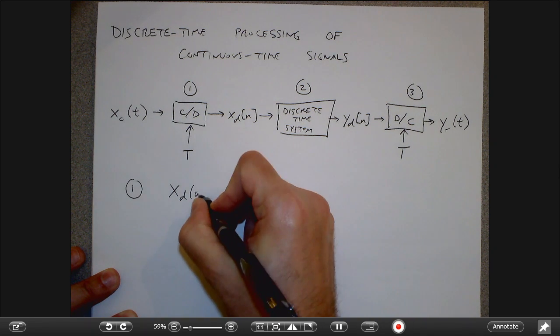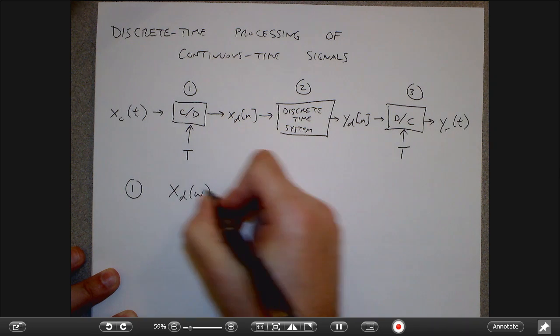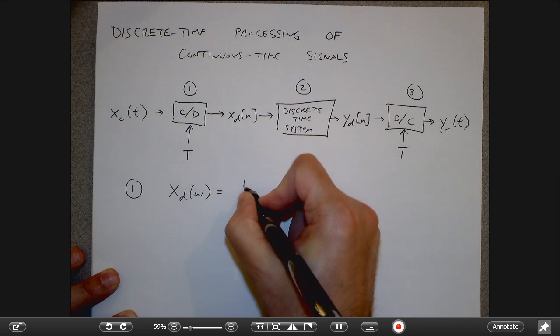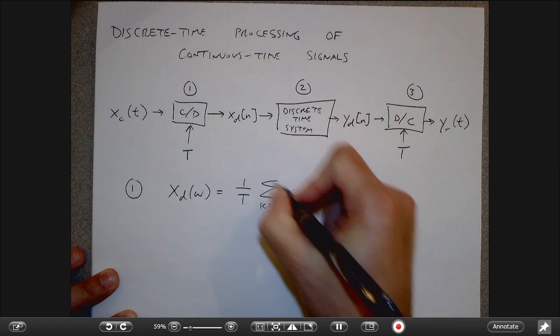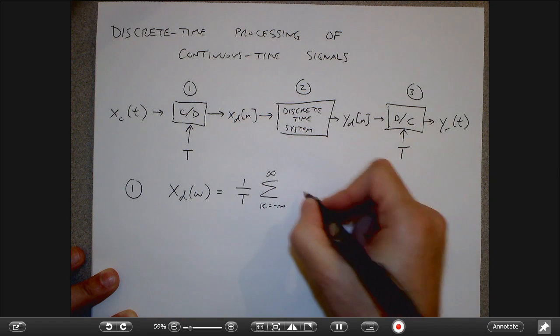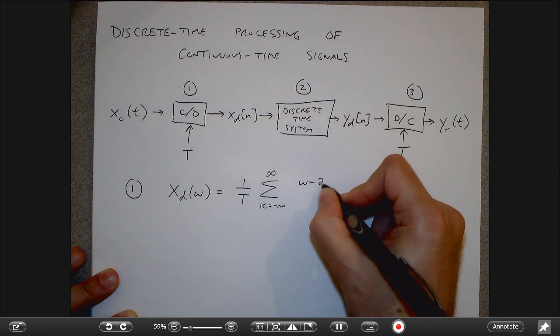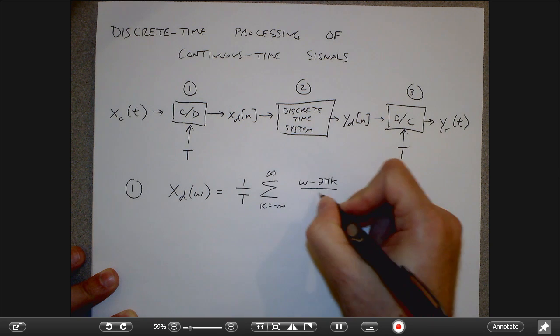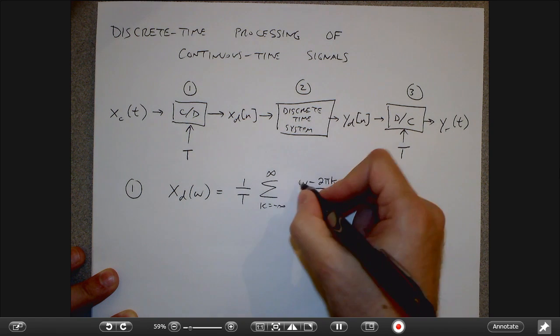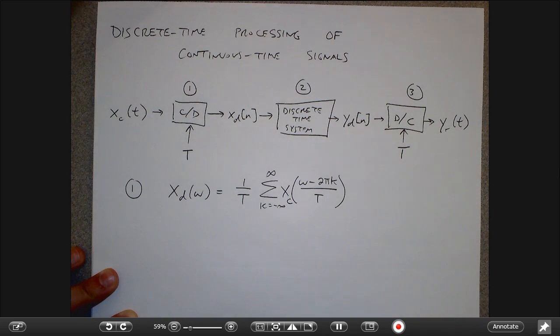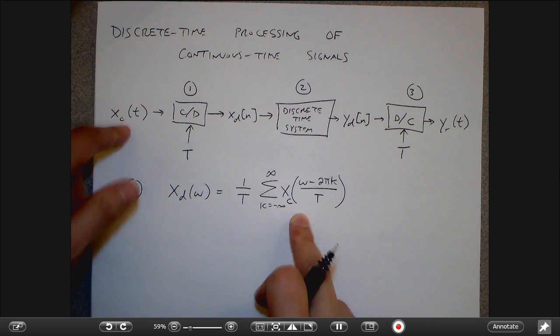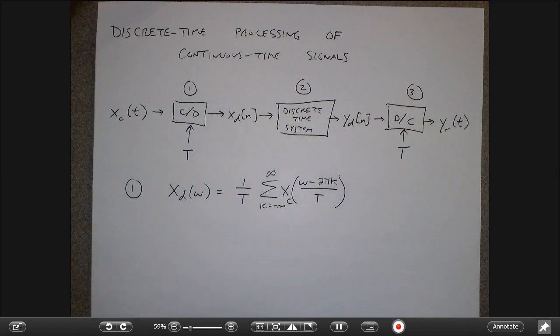So I know that the DTFT, because this is a discrete time signal, is equal to these copies of the scaled frequency response of the continuous time signal. This is basically saying where the copies occur.